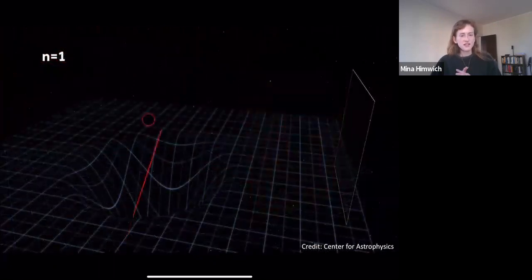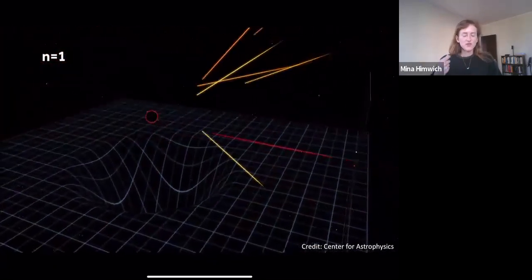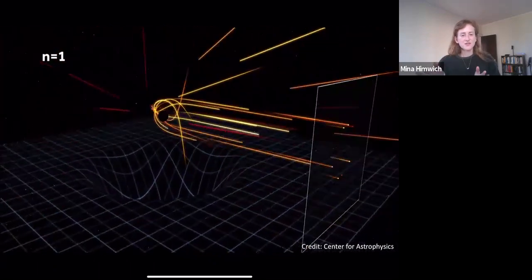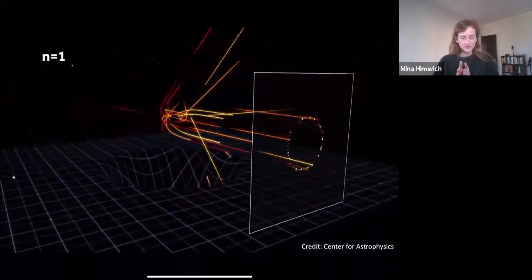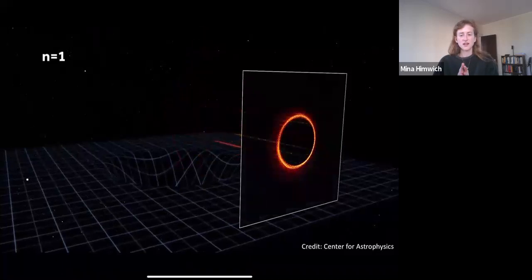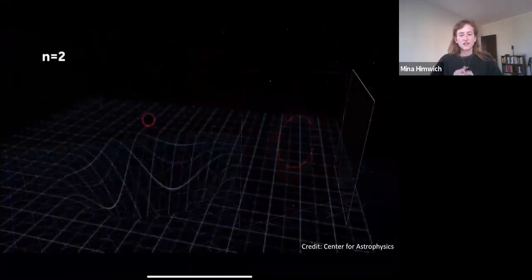But there's also light that executes n equals 1 half orbit. And because it has a longer path of travel around the black hole, it gets lensed and focused into this narrower region, and it will appear as a narrower, brighter ring on the screen.